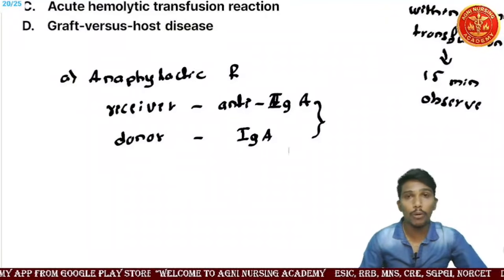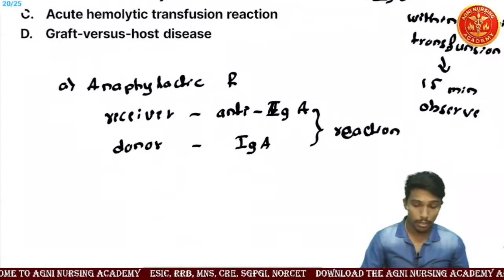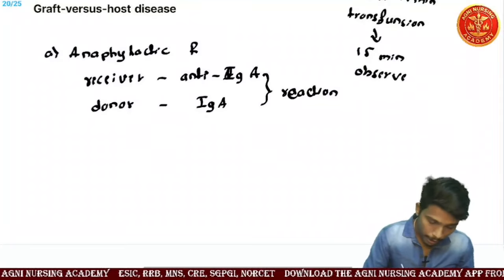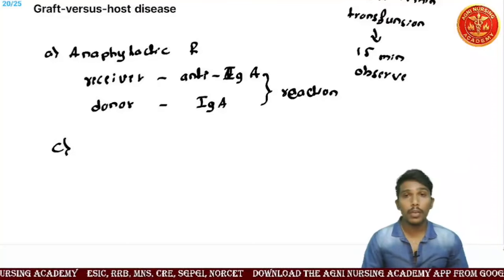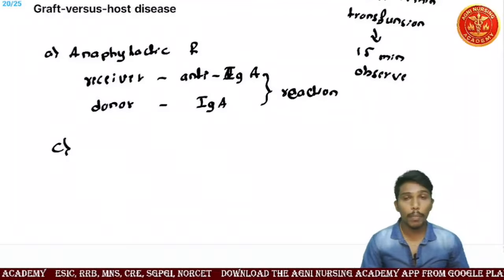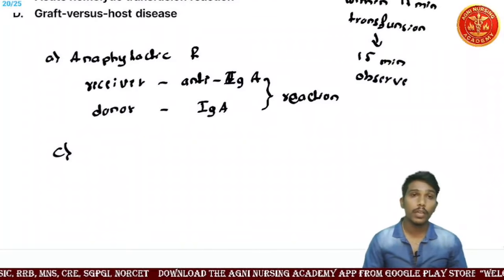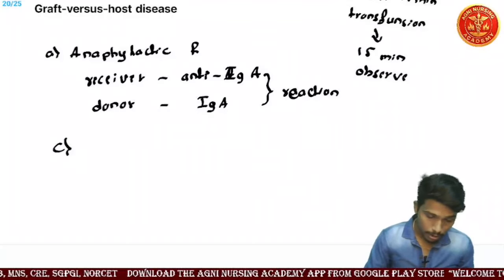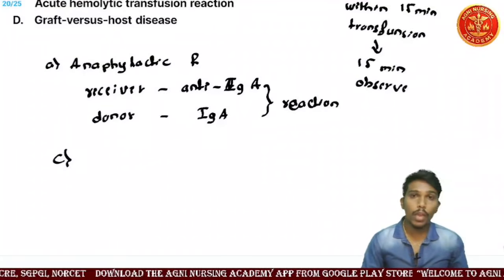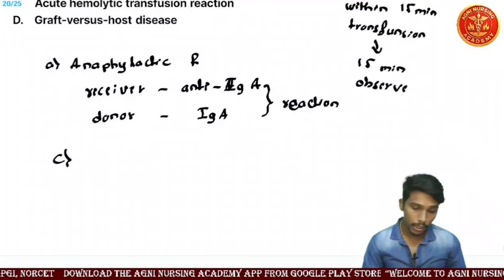Then coming to option C, acute hemolytic transfusion reaction. When can it happen? It can happen with a mistake in the Rh compatibility test, a lab technician mistake. Okay, Rh incompatibility. This reaction can happen. How do we identify this hemolytic transfusion reaction?